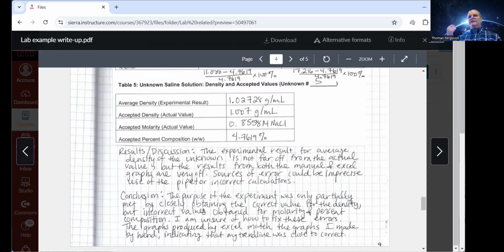You can find this file under files, lab related, and if you look at my video, it'll follow this sequence. The hard part is doing it by hand.